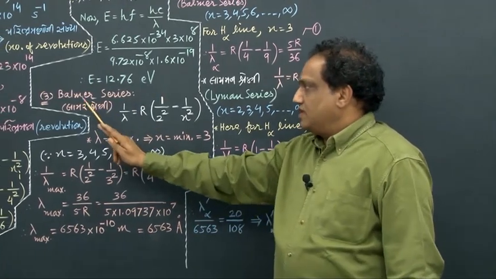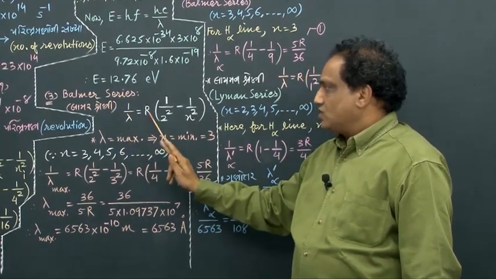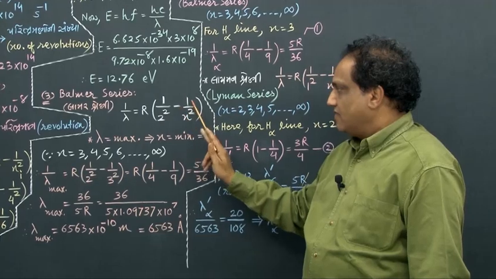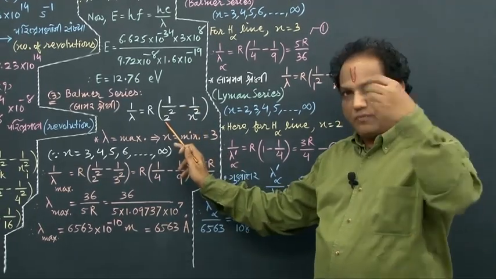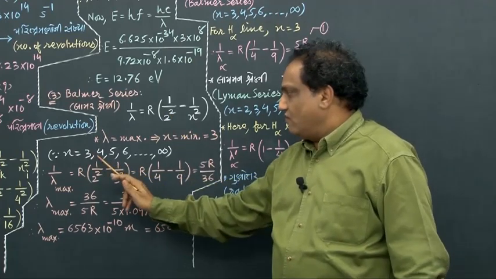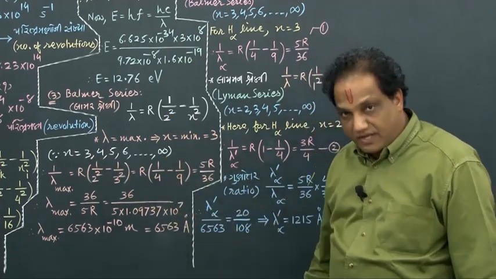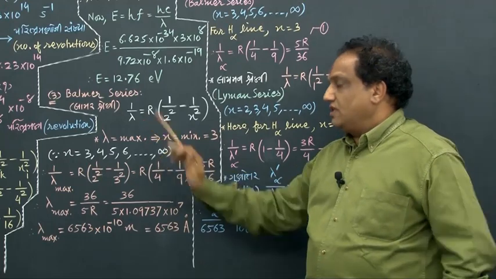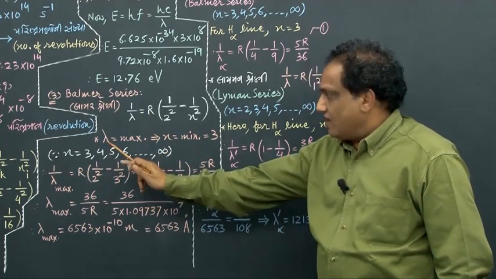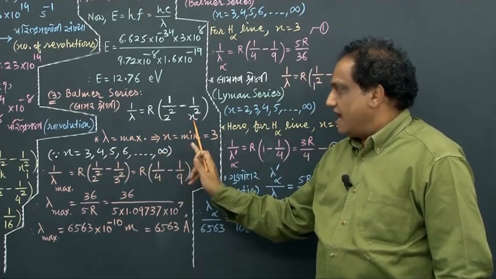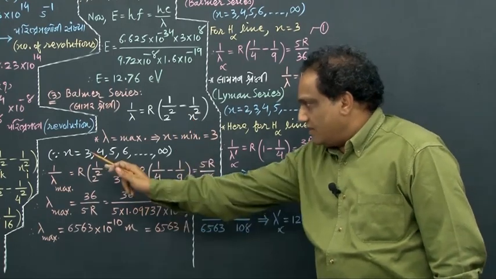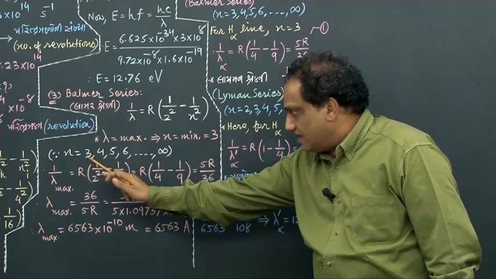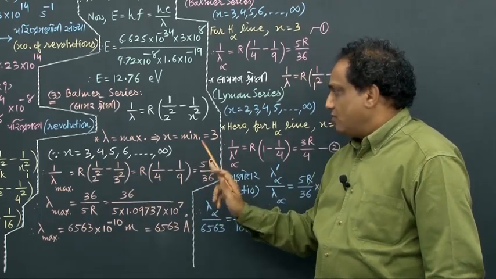For the Balmer series, 1 upon lambda equals R into 1 upon 2 square minus 1 upon n square. What are the values of n? After 2, all the positive integers, that is 3, 4, 5, 6, up to infinity. Here we are asked to find the maximum wavelength. If you want lambda to be maximum, then the n value should be chosen minimum. What is the minimum value in this series? It is 3. So n equals 3. Put it here.